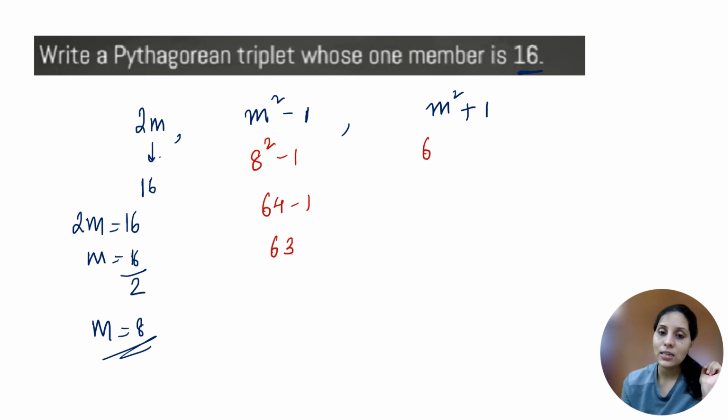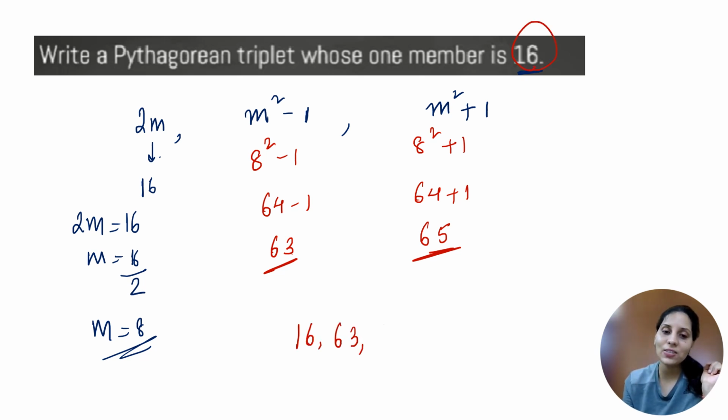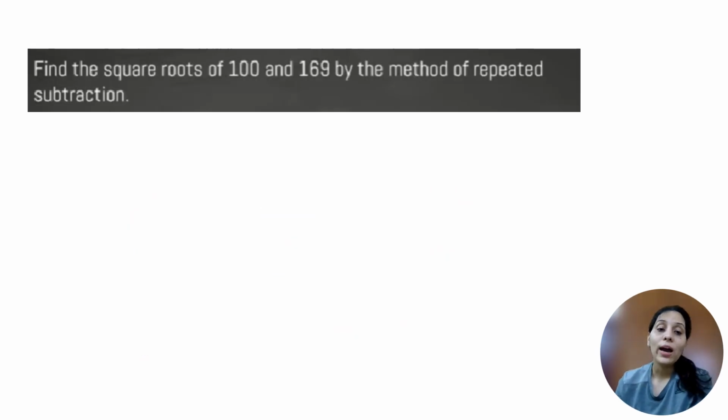And 8 square plus 1 is 64 plus 1, which is 65. One member is already given as 16. So your triplet is 16, 63 and 65.